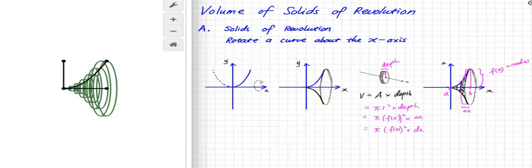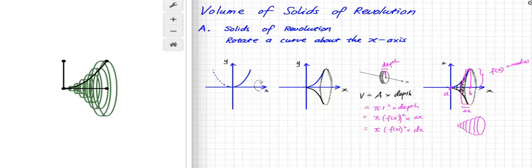In order to find the entire volume, we have to add all of these slices up. Imagine you have one disc here, and the next small disc here, and the next one here, and the next one here, and so on. As the discs get thinner and thinner, they get closer and closer to the original solid.